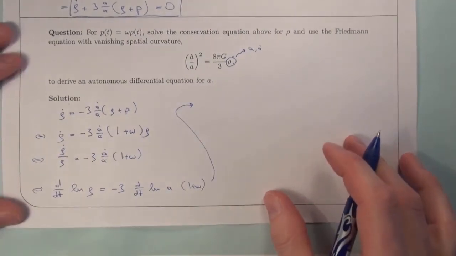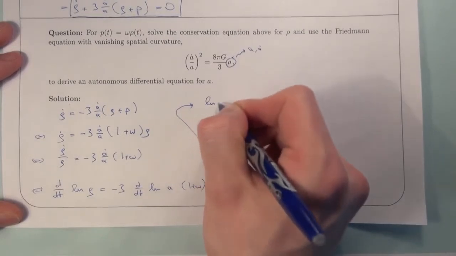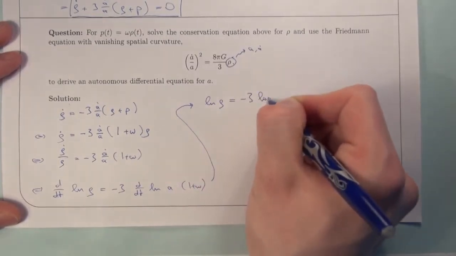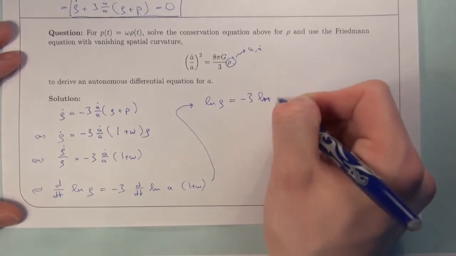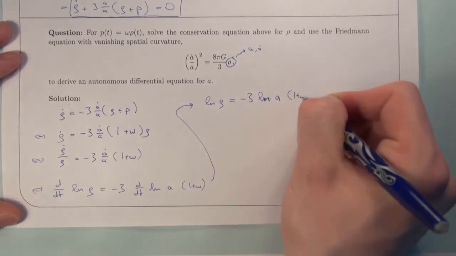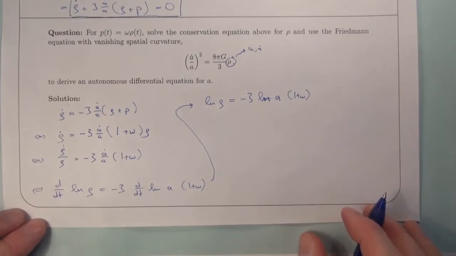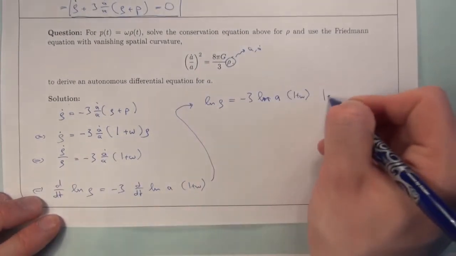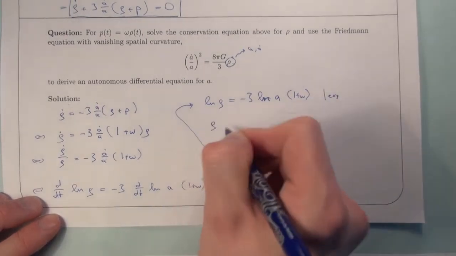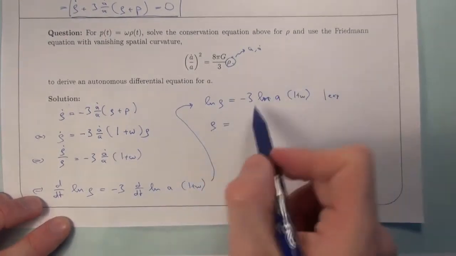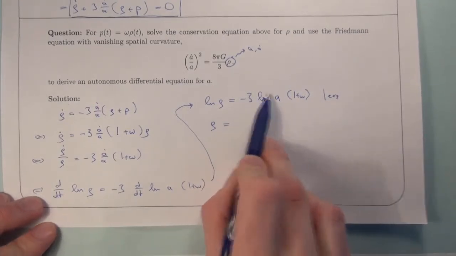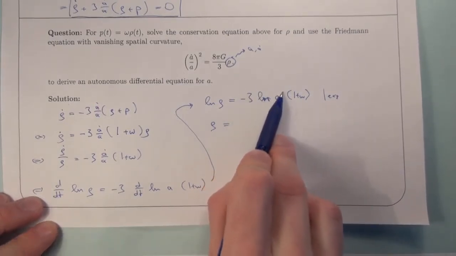So we integrate this once, so we get log rho equals minus 3 ln A times 1 plus omega. Now we take the exponential of that, so we get rho equals, and we know what happens with factors in front of the logarithm, they just go up here.